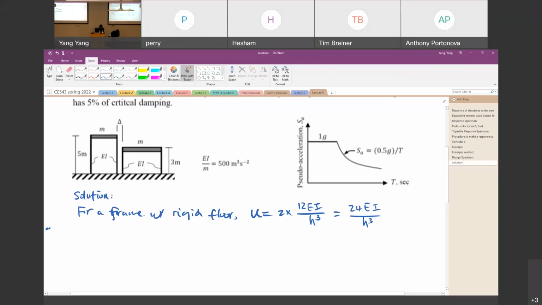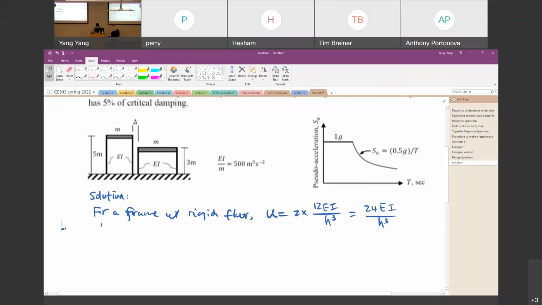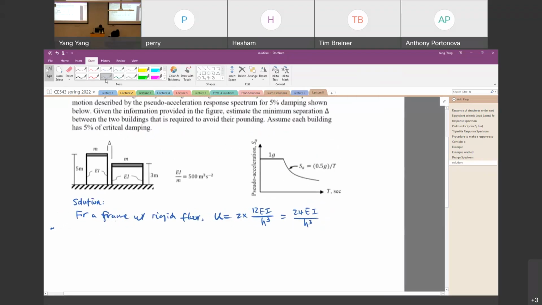So for the building on the left, we have the natural period. The natural period here for the left building should be 2 pi times the square root of M over K. So it's equal to 2 pi times the square root of M H cubed over 24 EI.